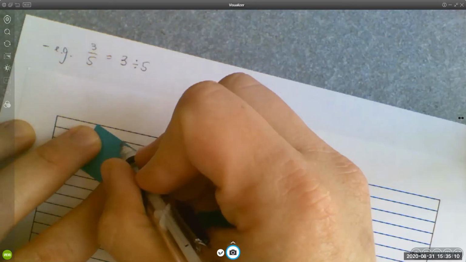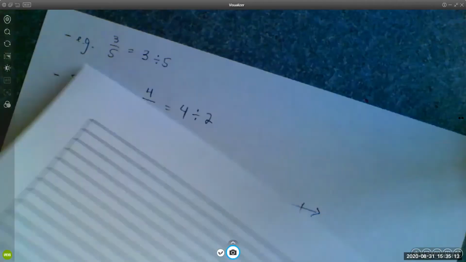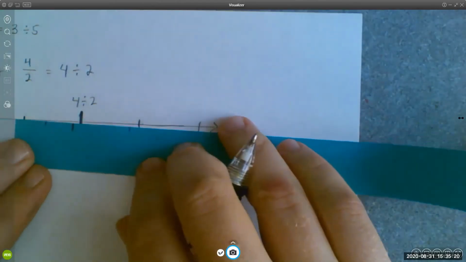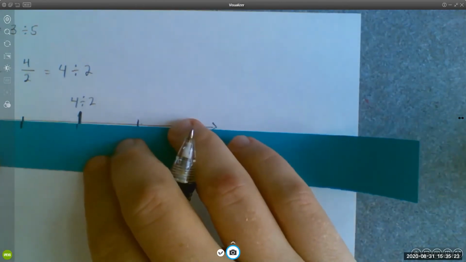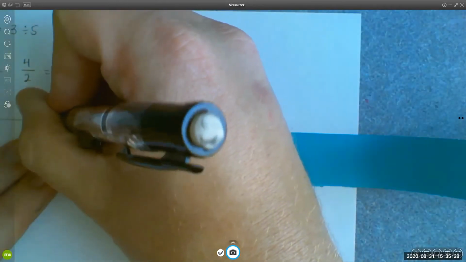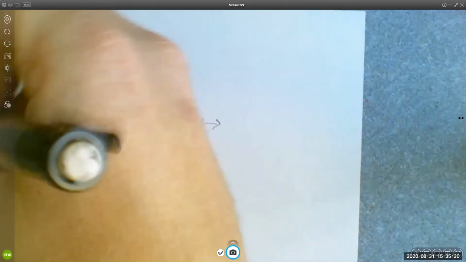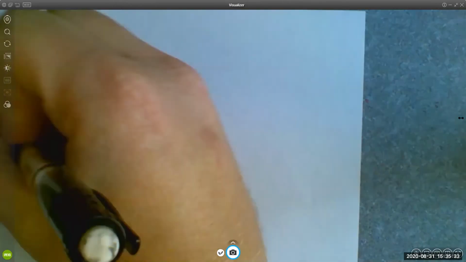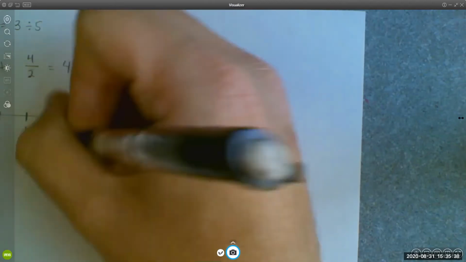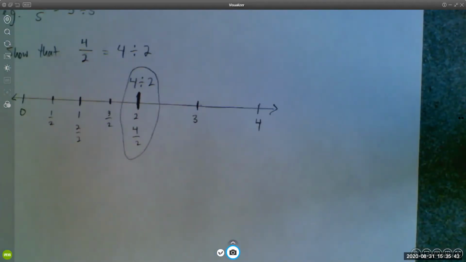So there's half of a unit right there. And now I can mark where 1/2 falls. So 1/2 falls there, 1/2 falls there. And I need to take 4 halves, right? So I've got 1/2, 2 halves, 3 halves, and then 4 halves. And sure enough, it lands on the same number. So 4 divided by 2 is the same as 4 halves, which is the same thing as 2, right?